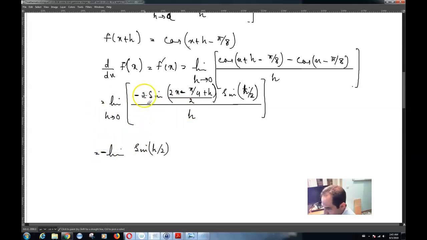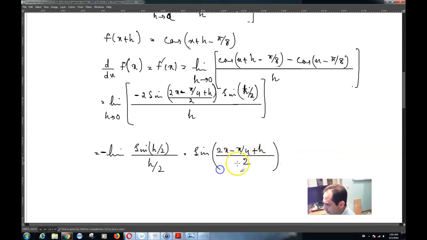So that's a negative limit of sine of h divided by 2, divided by h divided by 2, times basically sine of (2x minus pi by 4 plus h) divided by 2, as h tends to 0.